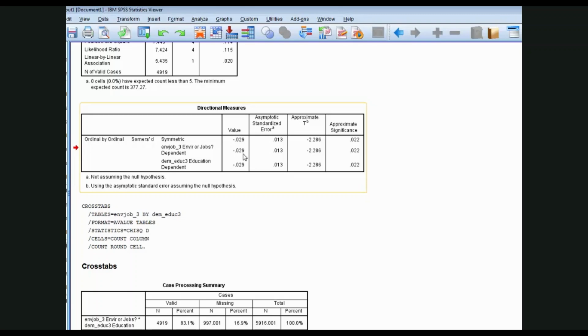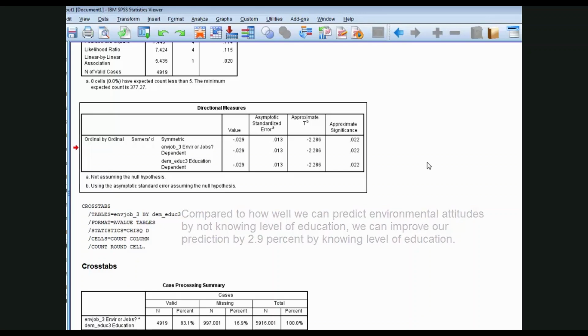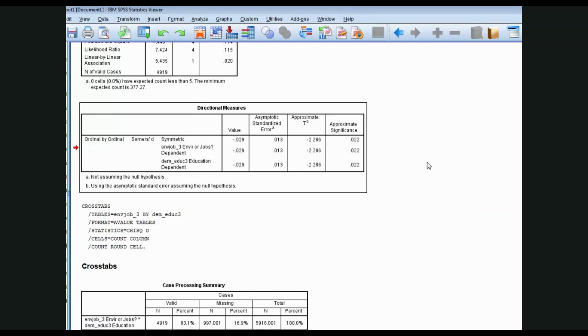But for interpreting the Somers D, you can ignore the sign, and here's what it means. Compared to how well we can predict environmental attitudes by not knowing individuals' levels of education, we can improve our prediction by about 2.9% by knowing level of education. So it's a very weak strength of a relationship in this case.